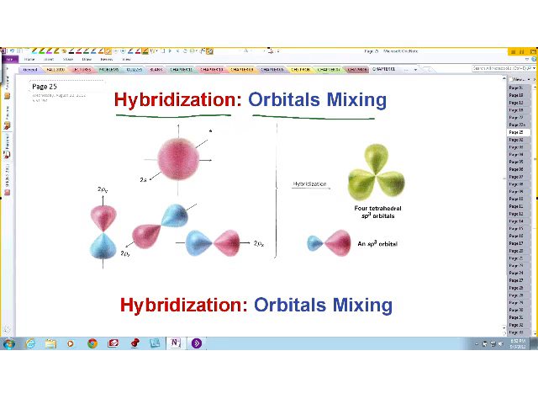Keep in mind that the valence electrons of carbon are present in the 2s orbital and the 2p orbitals. So what do they do? The 2s orbital right here, and these 3 p orbitals right here, they are mixed. But before that mixing takes place, there has got to be what we call electronic promotion.